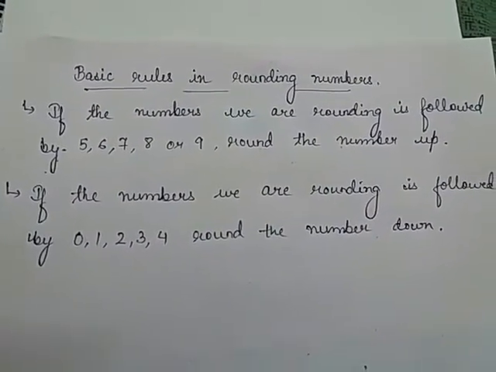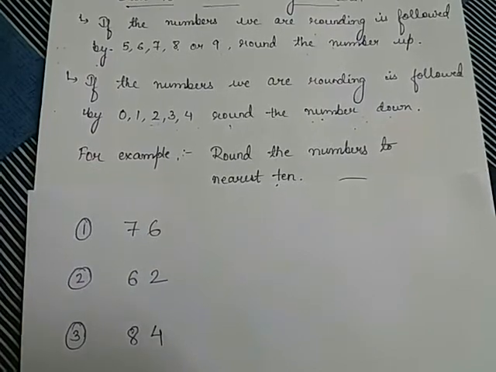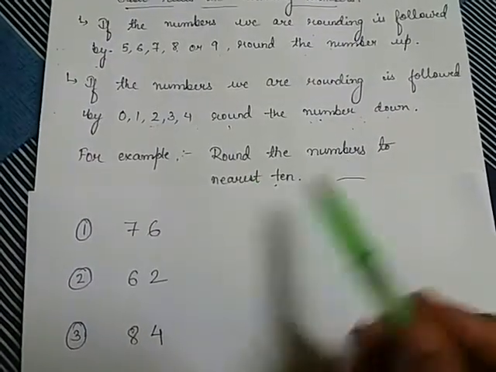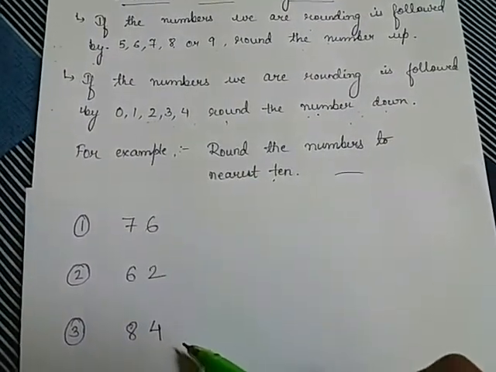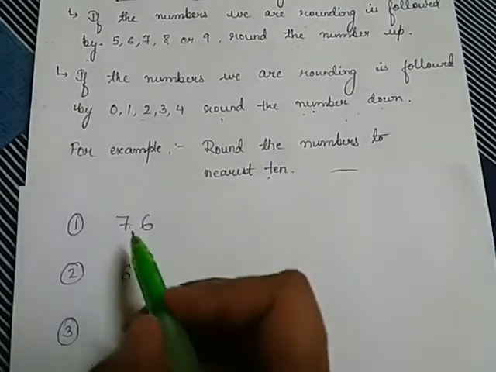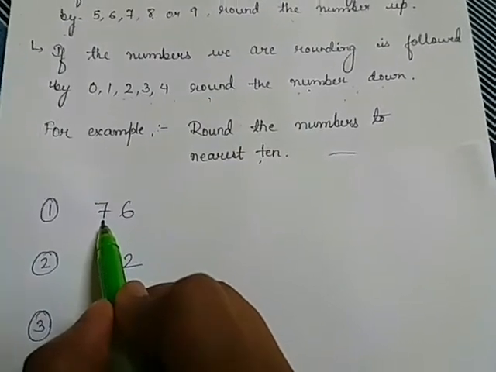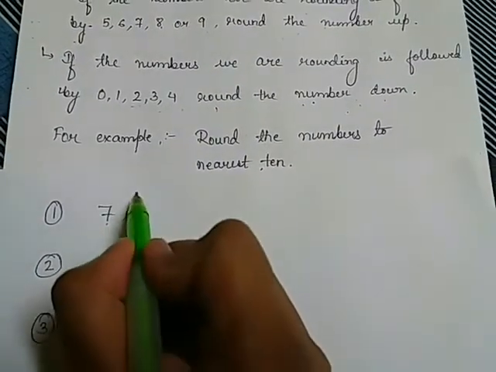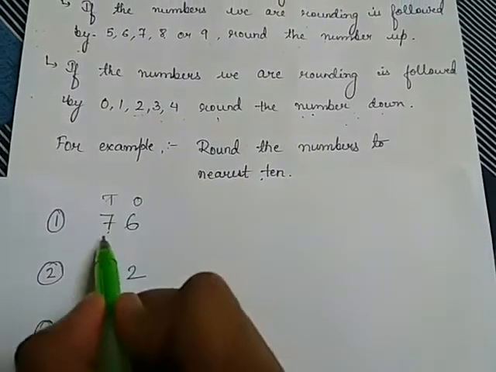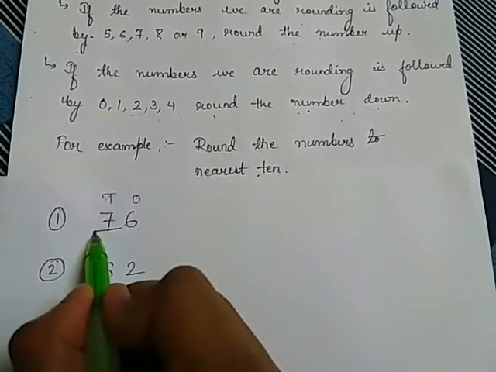For example, let's say we have to round the given numbers to the nearest 10. That means we have to round the digit placed at the tens place. This is ones and this is tens. So we have to round this digit.